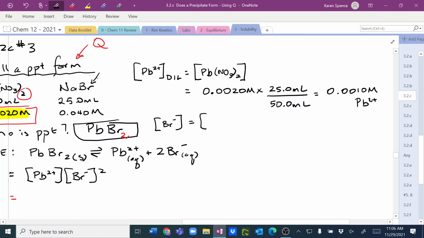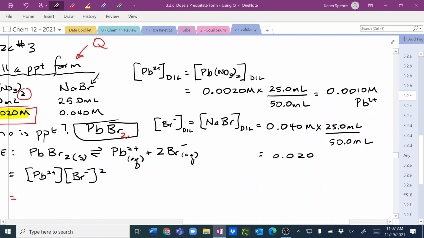So that's also going to be equal to the concentration of sodium bromide diluted. 0.040 molar times original volume over our new volume. That gives us 0.020 molar bromide.